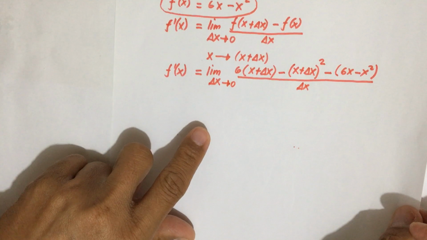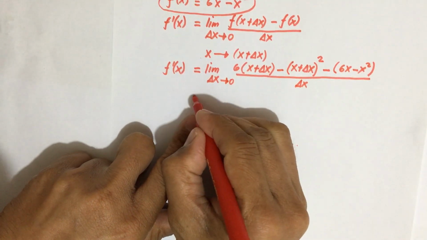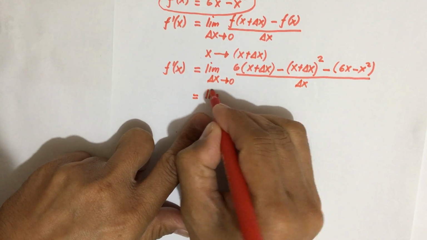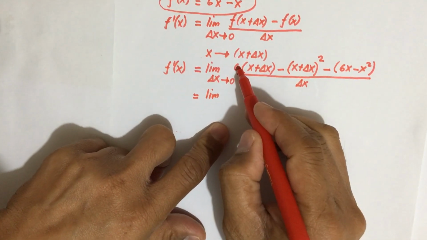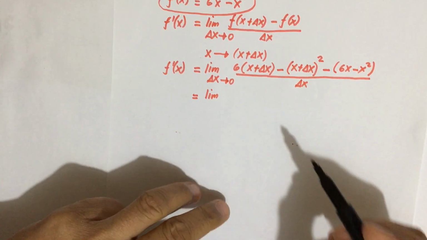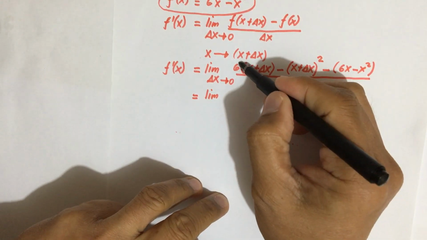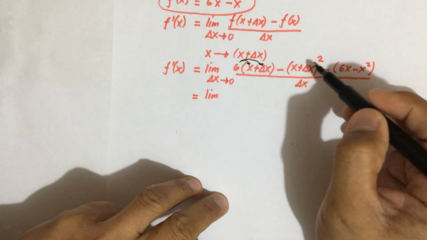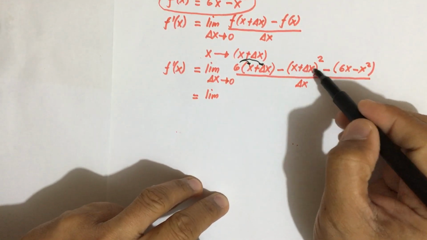Okay, so next, we are going to distribute 6 and multiply it to each term of this quantity. And then this one here, we have to expand first.